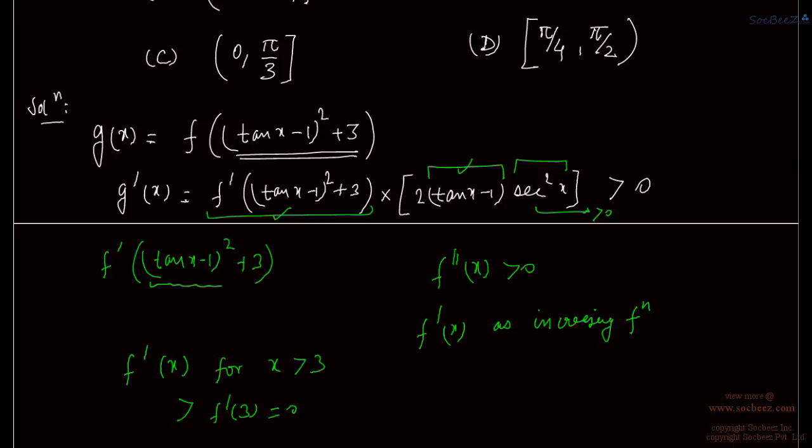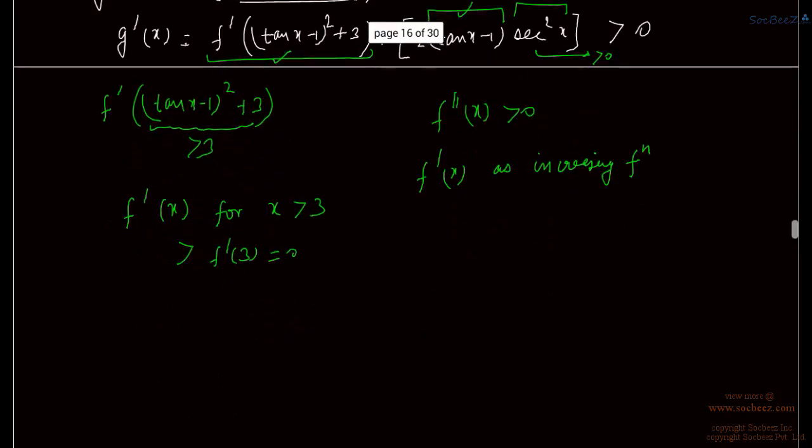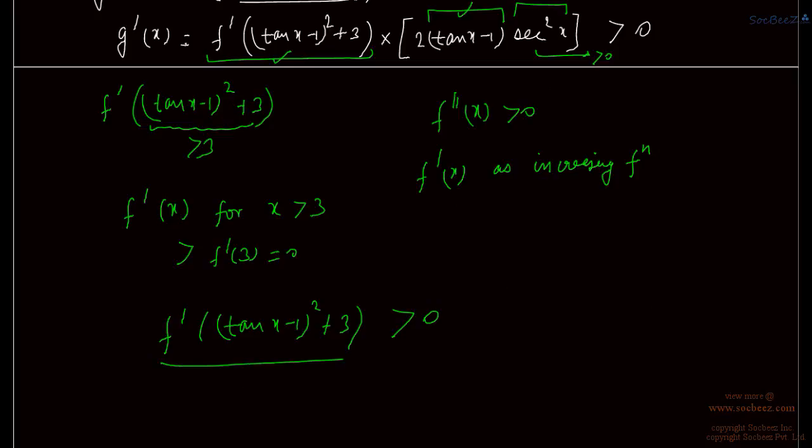So clearly this value is greater than 3: (tan x minus 1) square is positive, plus 3. So 3 plus something is always greater than 3. So we have the value f dash of (tan x minus 1) square plus 3 greater than 0, because this is an increasing function. So this must be greater than f dash 3, which is equal to 0.